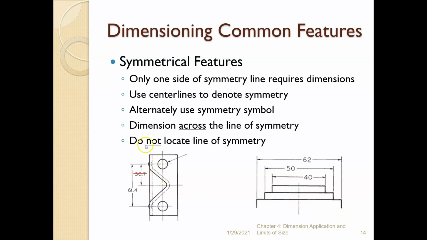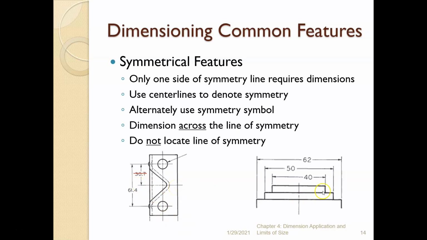Now, a critical thing is we do not locate the line of symmetry. What that means is this, and you've seen I've crossed it out here. The 30.7 is not necessary. And in fact, the 30.7 will completely invalidate the intended use of the line of symmetry.